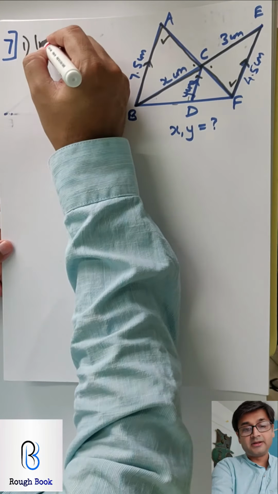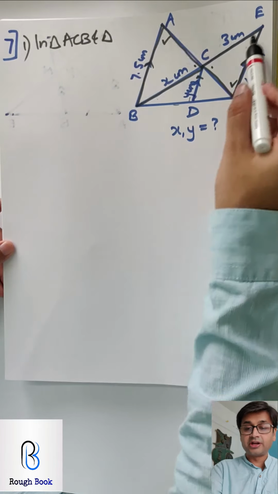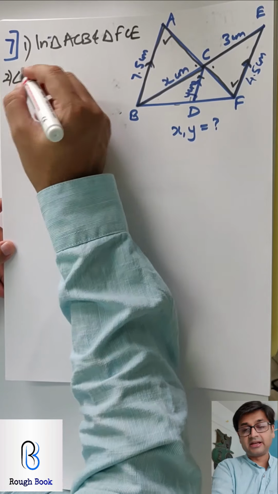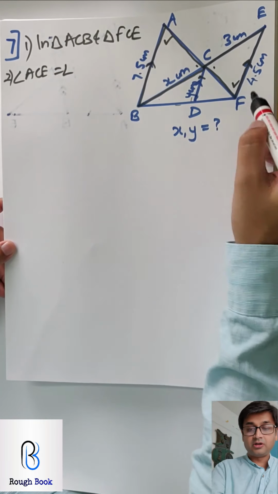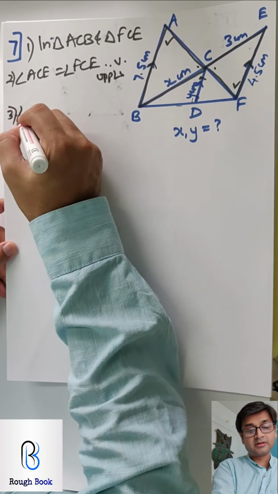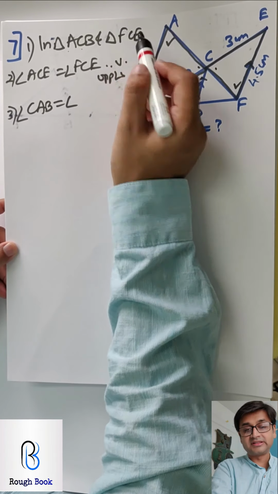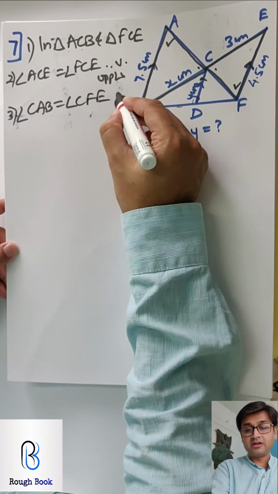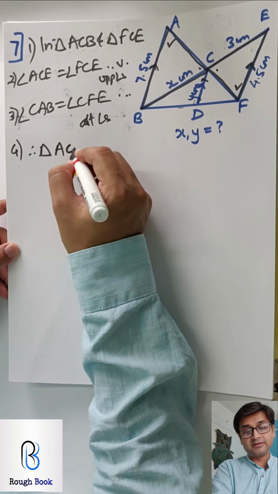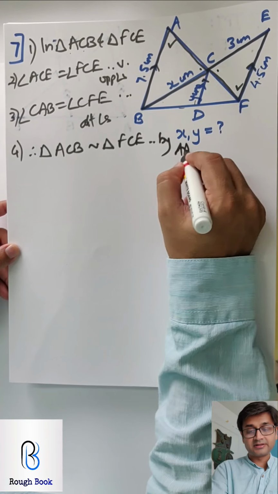So first one, in triangle ACB, correct one-to-one correspondence, ACB, so tick dot and then empty, tick dot and empty. So FCE, I will say angle ACB equals angle FCE, vertically opposite angles. Then I will say angle CAB equals angle CFE, reason will be alternate angles, and therefore triangle ACB is similar to triangle FCE by AA test.